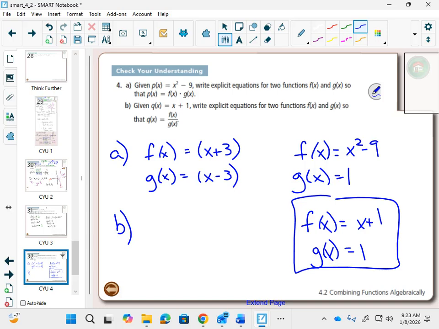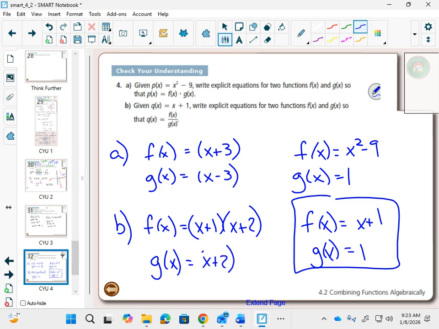Because sometimes when people get creative, can you see that if I made my numerator x plus 1 times x plus 2, and I made my denominator x plus 2, the x plus 2's would cancel out, right?